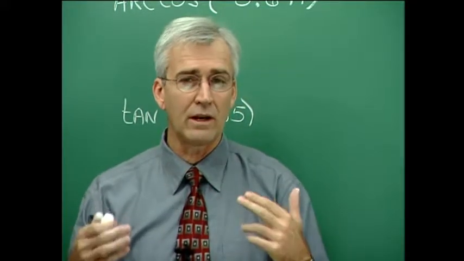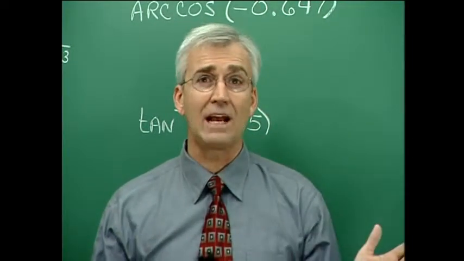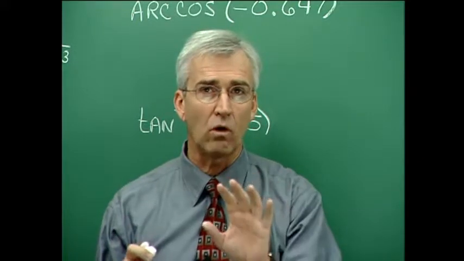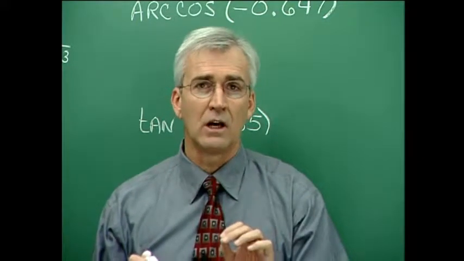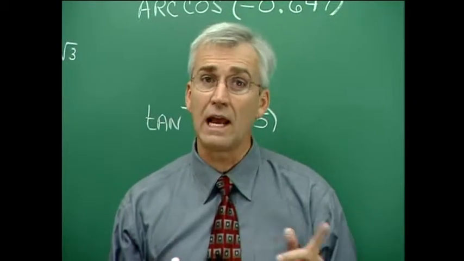And we know that in the world of inverse functions that we're talking about angles that appear only in the first and second quadrant for the inverse cosine. And therefore this is going to be a second quadrant angle.